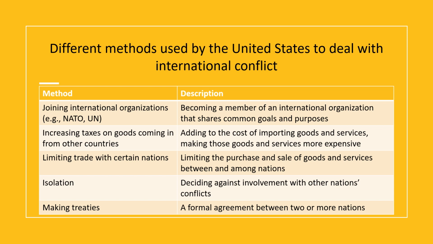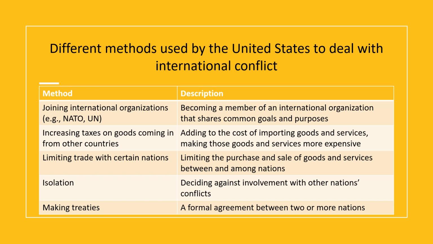By joining international organizations, the United States is saying that they support the mission of the organization, that the United States shares common goals and purposes of the organization, that the United States is well represented in the organization, and consequently, some of these relationships involve that the United States has agreed that by being a member of that organization, such as with NATO, the North Atlantic Treaty Organization, that the United States will come to the aid of member nations that are attacked by non-member nations.